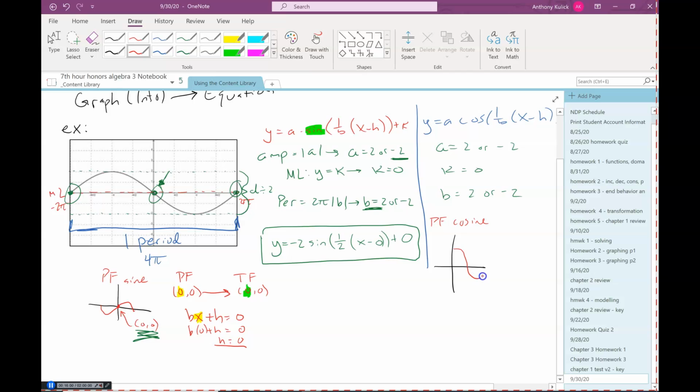So our parent function for cosine kind of looks like this. The point that I'm going to be interested in from the parent function for cosine is this one, because the x-coordinate is 0 here.